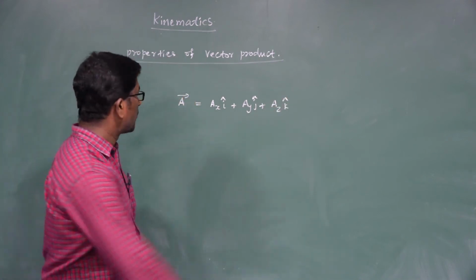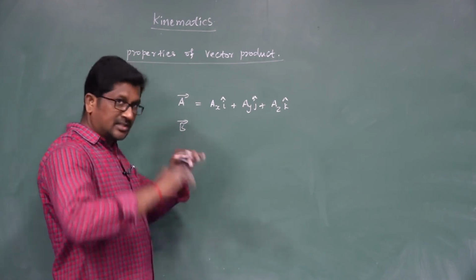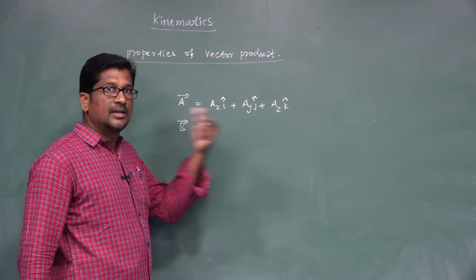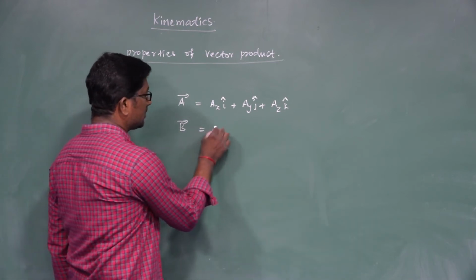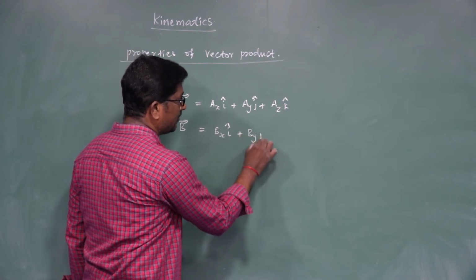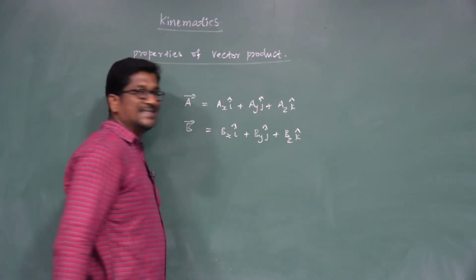And another vector is B vector. In three-dimensional space, the vector B in component form is Bx i cap plus By j cap plus Bz k cap.